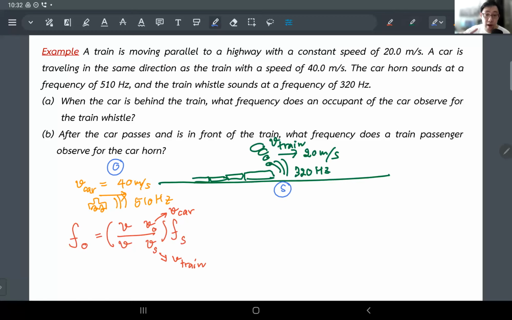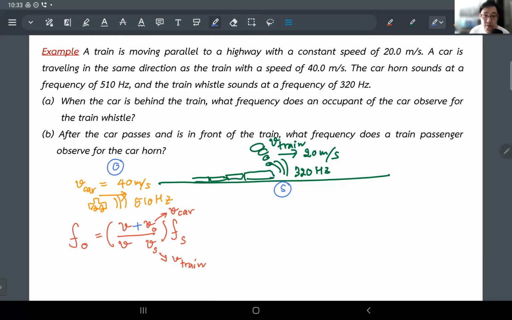The source is running away, the observer is running toward the source. Let's attack the numerator first. The observer running toward the source, what happens? You're supposed to get a higher frequency, yeah? With me?